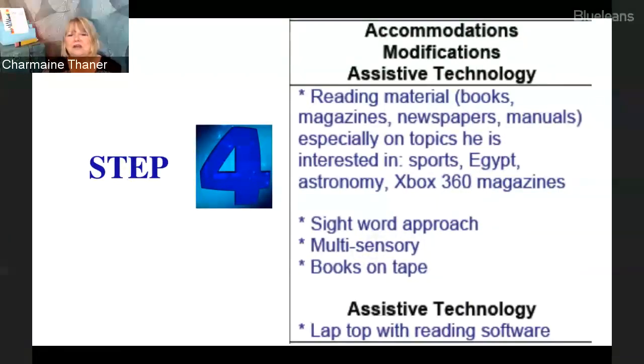What I want you to think about for accommodations is to go back to step 1, where you identified your child's strengths. In step 1 for this student, we identified that he was a visual learner.